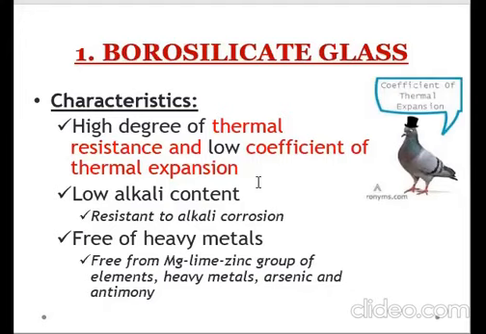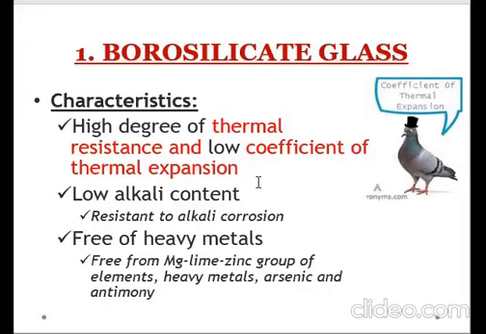Okay. Another characteristic of your borosilicate glass is that it has a low alkali content. That is why it can be resistant to alkali corrosion. But remember po, we have a precaution for alkalis. Later, we will discuss the precautions pertaining to that one. Okay? And the third characteristic of your borosilicate glass is that it is free of heavy metals.